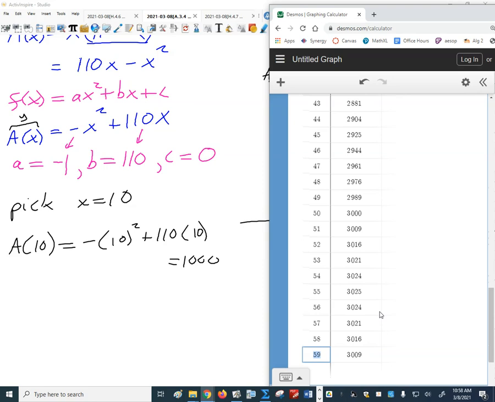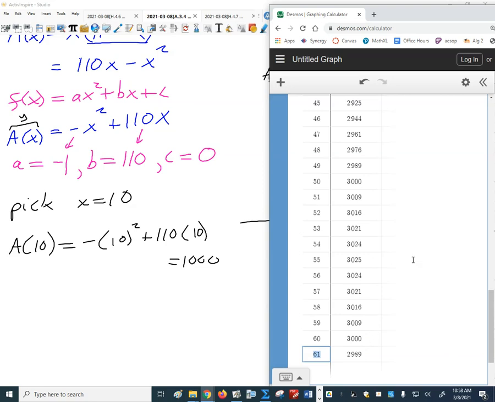Oh, they're going down. Suddenly they started going down. As the width got bigger, the output area got bigger until we got up here to, it looks like, 55. 55 was the biggest output we got, and then it started to decrease after that.